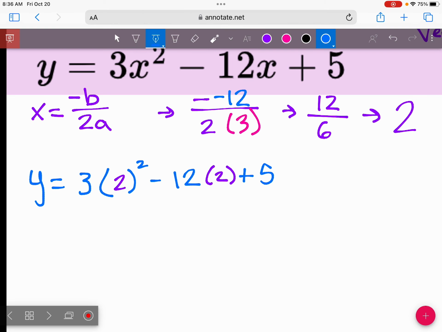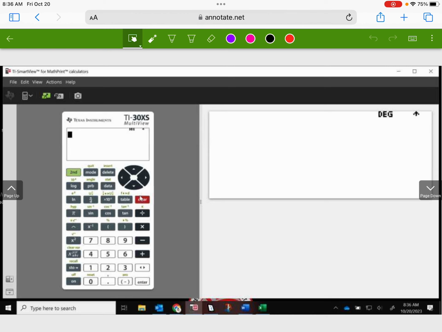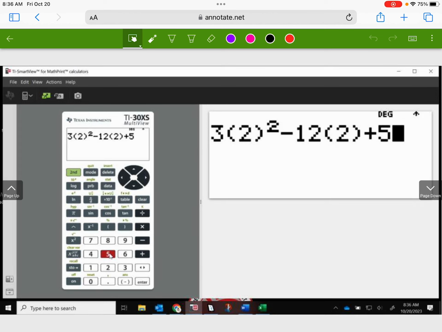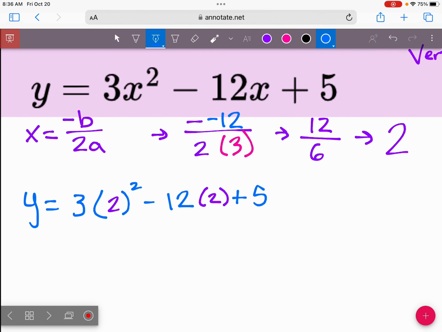So what we're going to do to figure that out is in the calculator. 3 times 2 squared minus 12 times 2 plus 5. And you can just type the whole darn thing in like this. And it's going to spit out negative 7. Y equals negative 7.